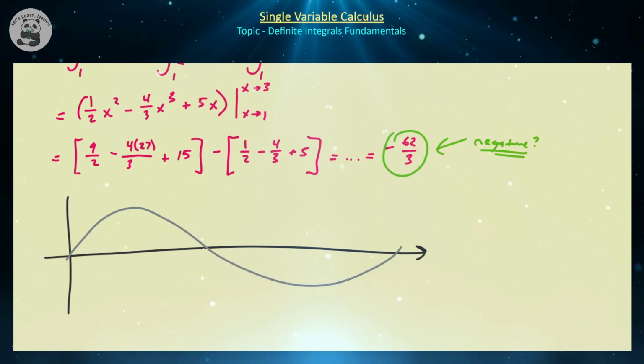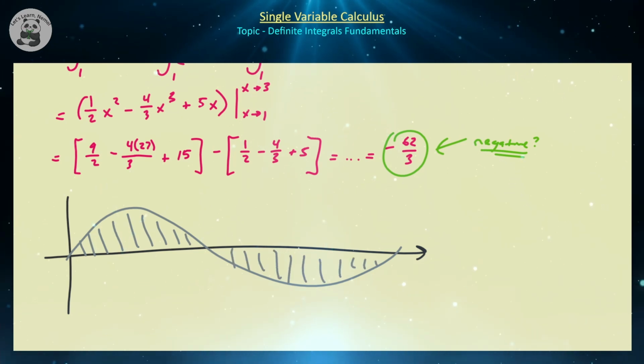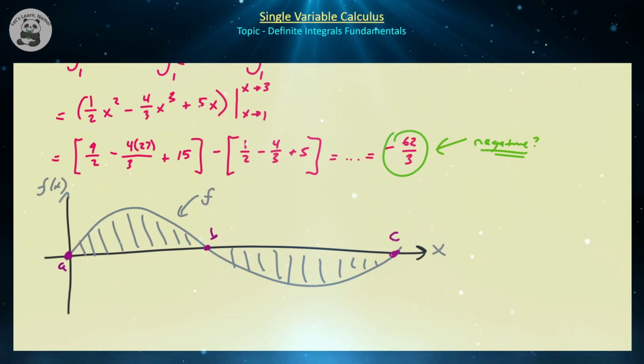Let's assume that we have a function like sine and cosine, which goes above the x-axis and below the x-axis on some different subintervals. So let's give this a name, for example, A. This point, let's assume that's B. And let's assume that this is point C. And let's assume that this is our function f on this x-axis, where y values are our f of x values.